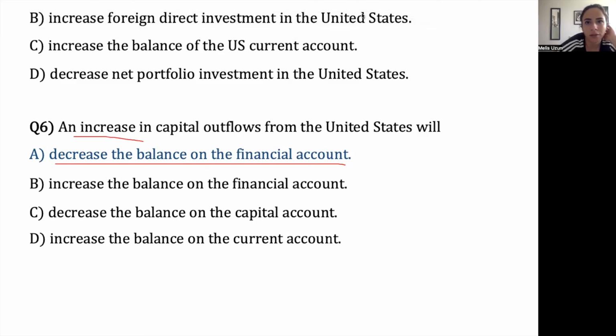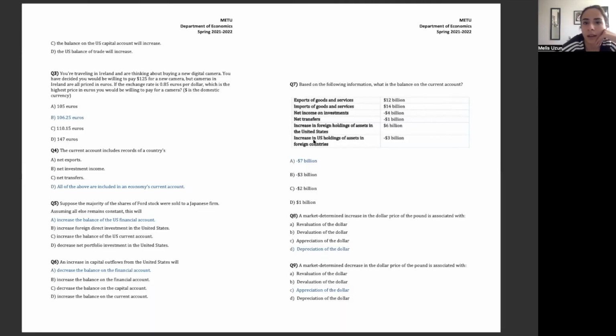So let's look at the other questions. So let's look at the seventh question. Based on the following information, what is the balance on the current account? So how do we calculate the current account? We need to look at these numbers.